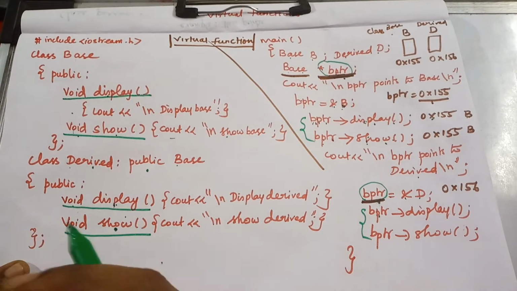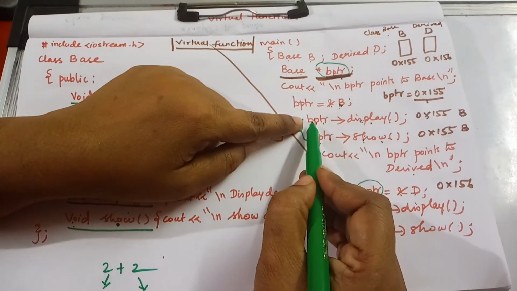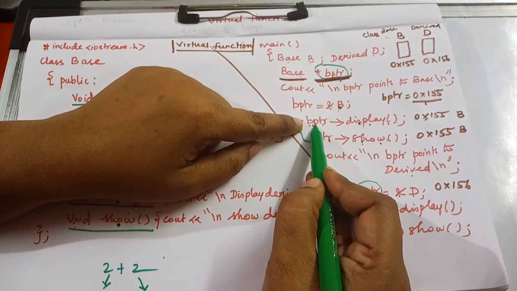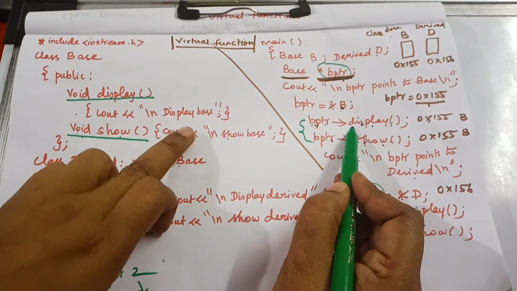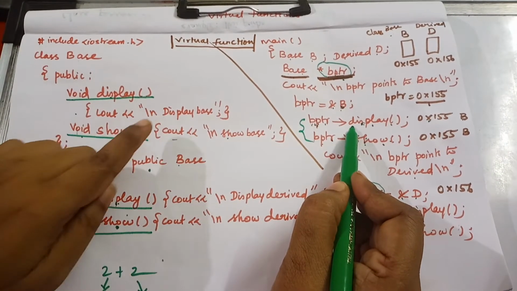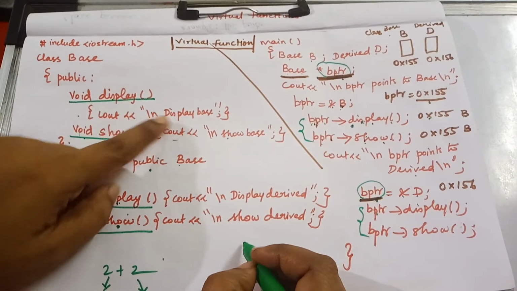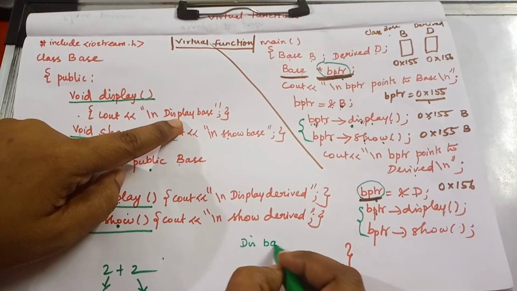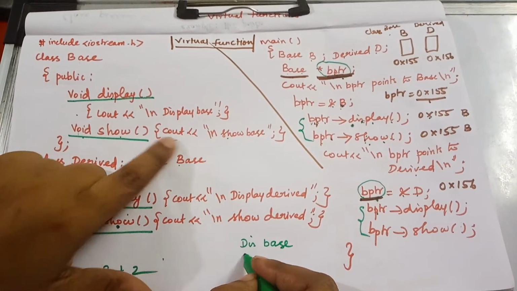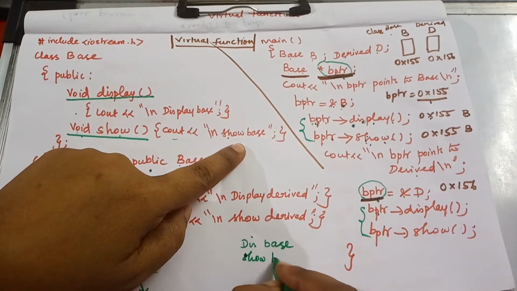Okay, so now I will tell you what happened for this program. Now you are calling a member function for the base class object. So display, so base class object, so it calls the member function from the base class. So it calls this function and it gives the output display base, then show, and it gives the output show base.